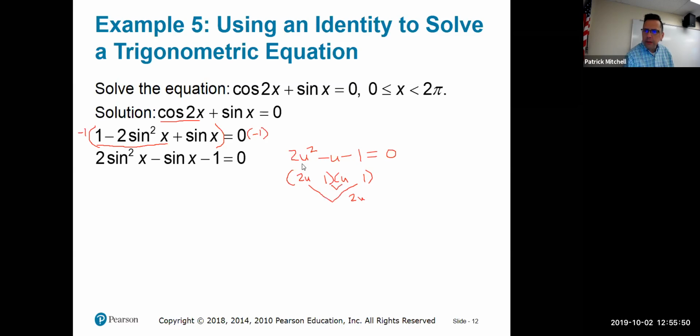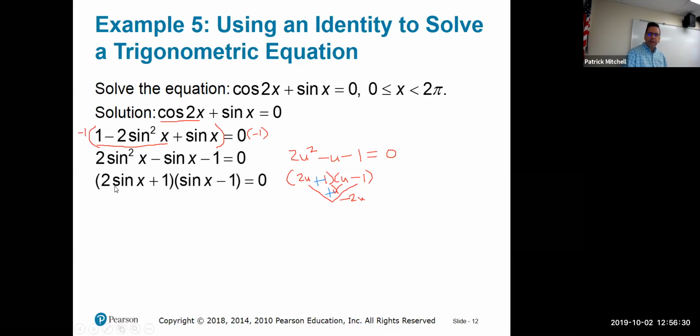The way that I am going to get those to add up to minus u is if this is a minus, which means the minus was here, and if this was a plus, and that plus would have come from here. I think it's a little easier to look at it that way instead of in terms of sine x. So now you'll understand how they got this.